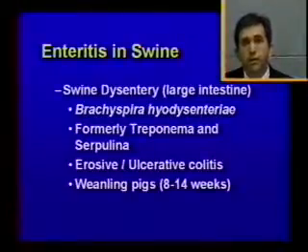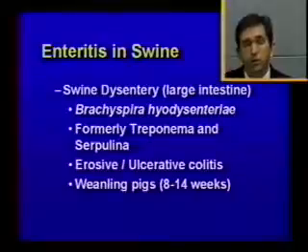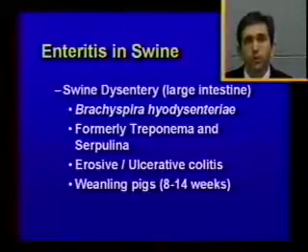You may have learned this as Treponema hyodysenteriae or Serpulina hyodysenteriae. So this has changed names 3 times in the last 10 years. The current term is Brachyspira hyodysenteriae. It causes colitis in weanling pigs between 8 and 14 weeks of age.